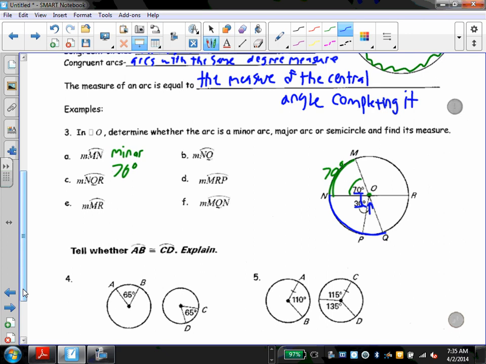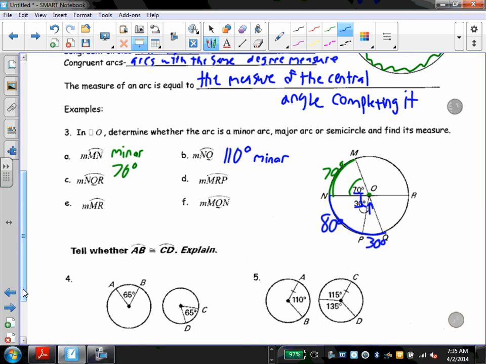That means that the missing angle and the arc size of NP itself is 80 degrees. We know that PQ here is 30, because 30 plus 80 plus 70 is 180. What that means then is that NQ is 80 plus 30 degrees, which is 110. That's another minor arc.